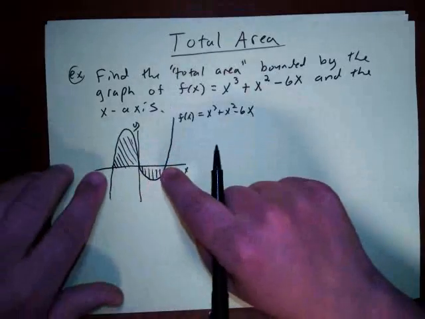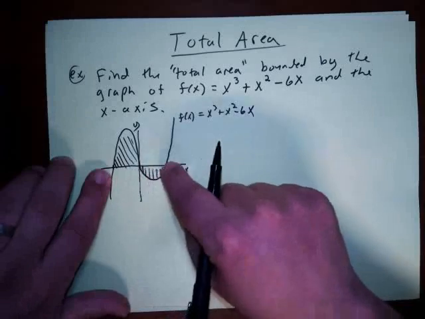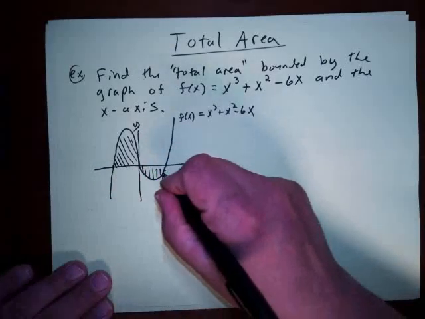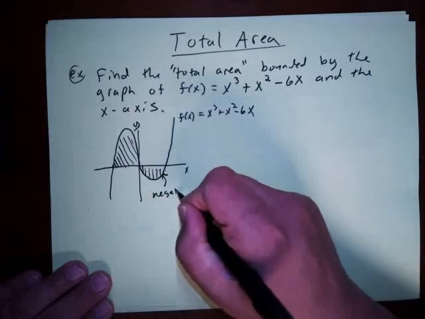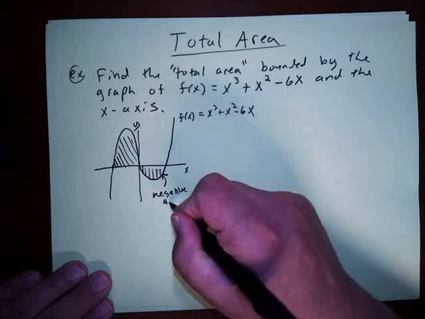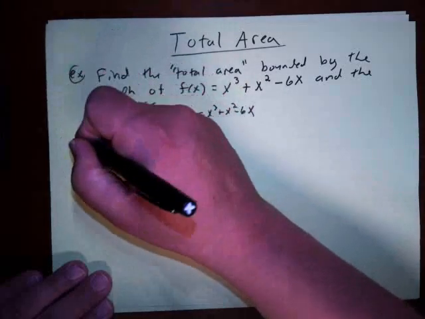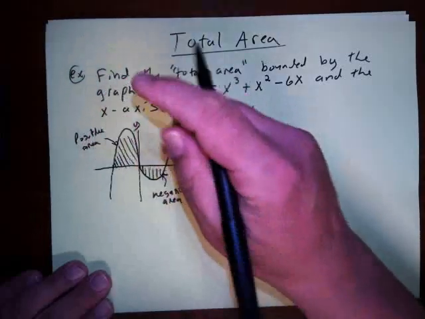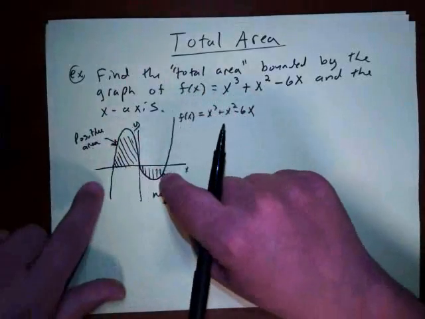So an important thing to realize is if the graph is below the axis, you actually get a negative area. The definite integral gives you negative area, and this gives you positive area. If it's above the axis, it gives you a positive area.